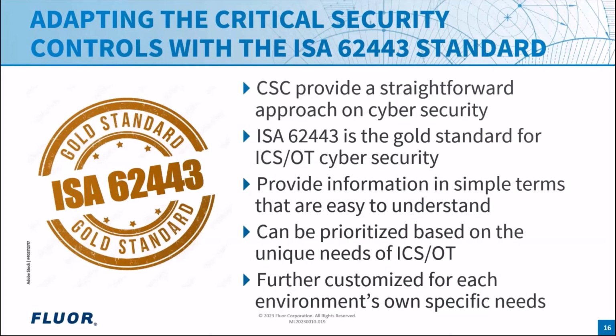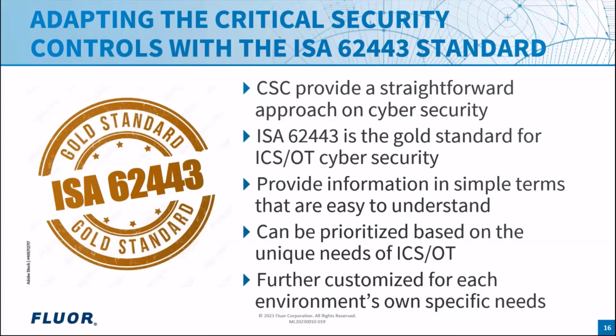So the approach I take is, let's take the philosophy of the critical security controls and keeping the information simple, straightforward, and prioritize it to build out this base template on how we can protect OT environments. So here we have a simple to understand prioritized list on where we start, and we also understand that each OT environment is, like we mentioned earlier, its own special snowflake.